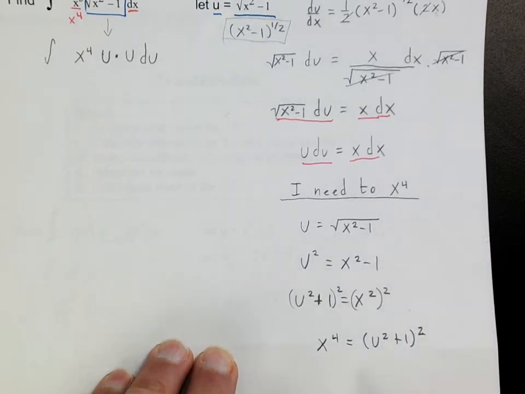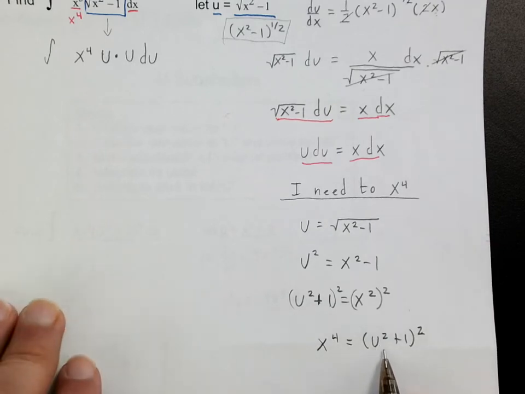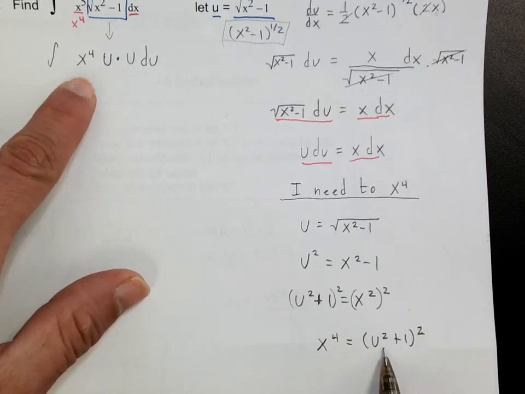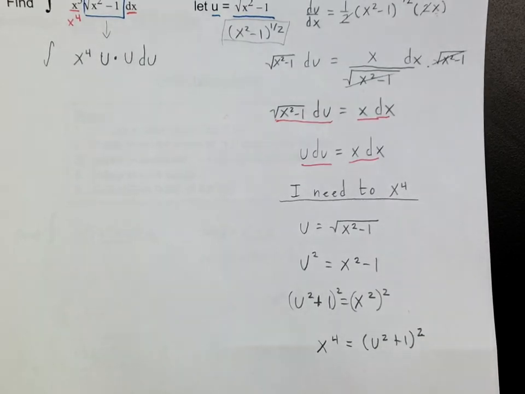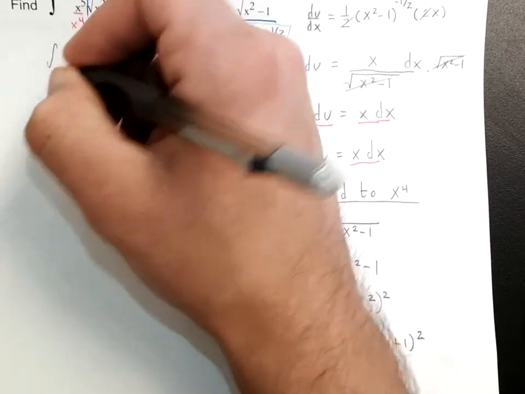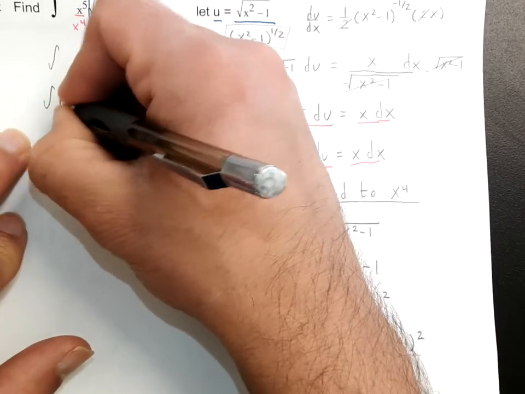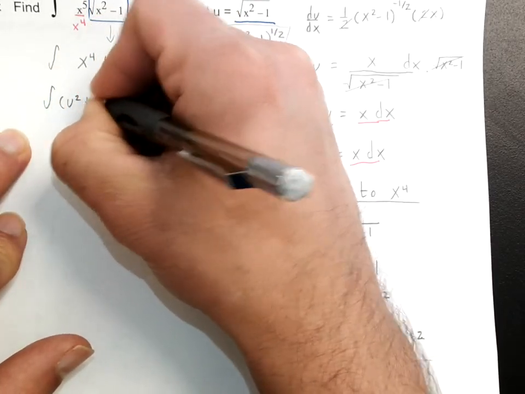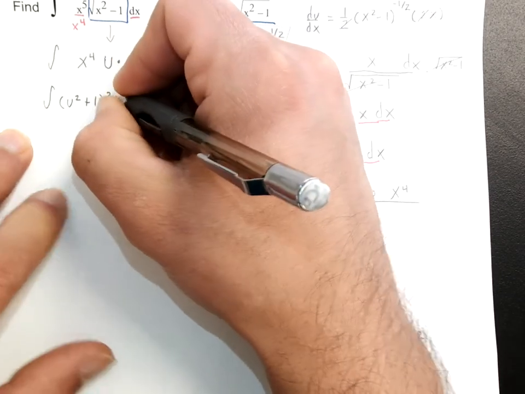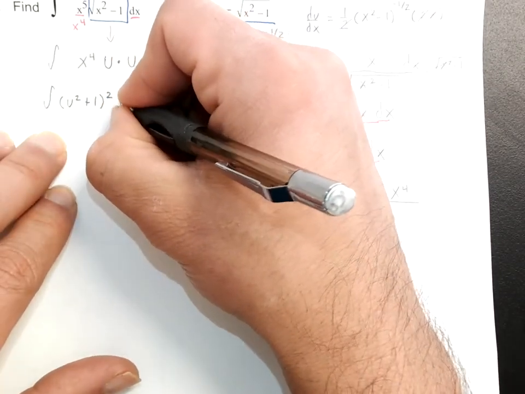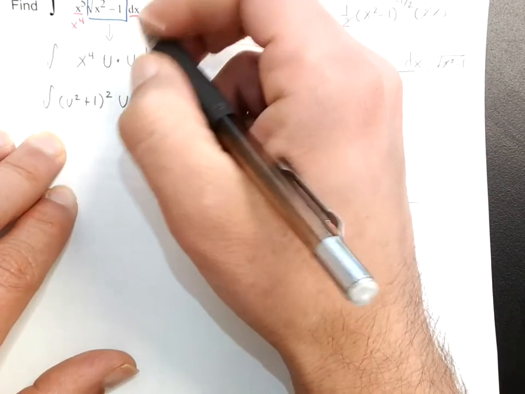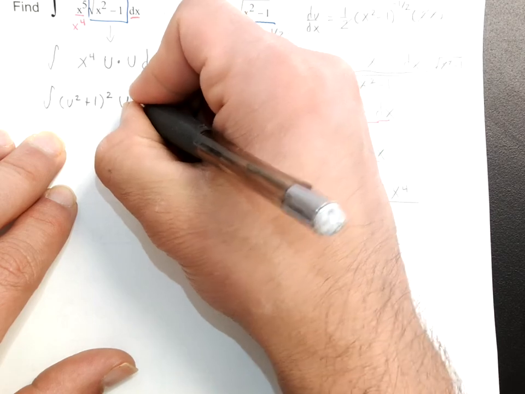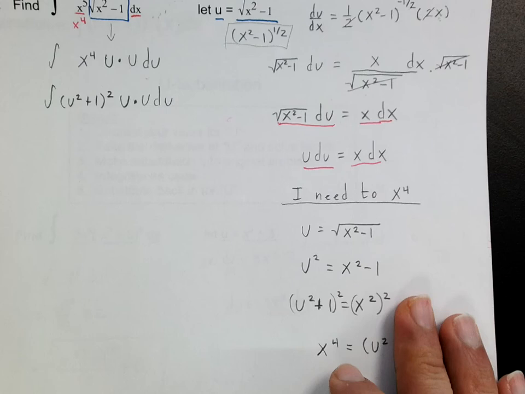So I have to replace this x to the fourth power with u squared plus 1 squared. So I write that over here. So I have u squared plus 1 squared, like that. Okay, so that's what I have right now.